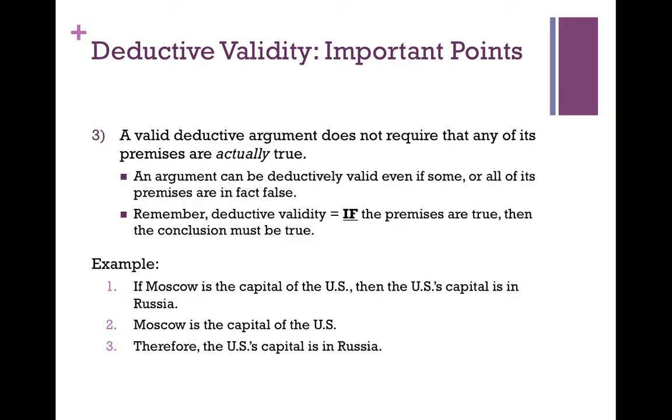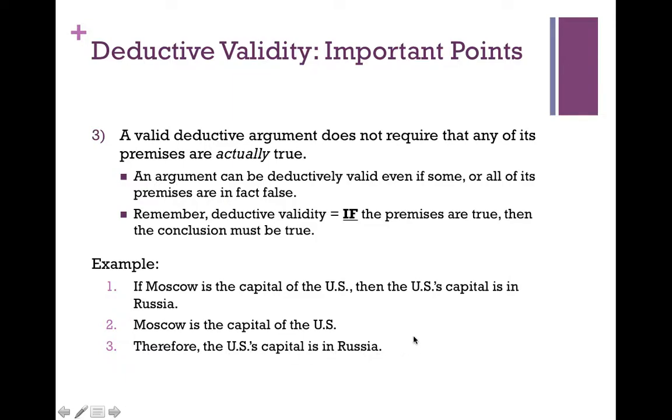Now, hopefully what I say next doesn't trip any of you up, but notice this argument has a certain kind of pattern. Look at this phrase right here, Moscow is the capital of the U.S. Notice that appears right here, and then in exact same terms appears right here. And then the U.S.'s capital is in Russia. Notice that appears, the U.S.'s capital is in Russia.